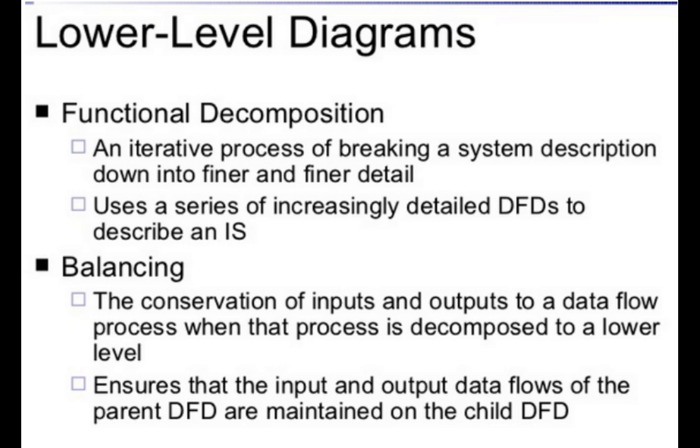So data flow diagram is a functional decomposition activity, an iterative process of breaking a system description down into finer and finer detail. It uses a series of increasingly detailed data flow diagrams to describe an information system.